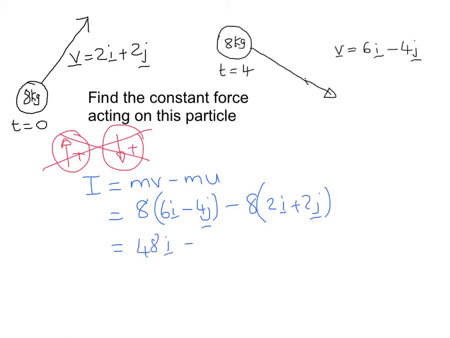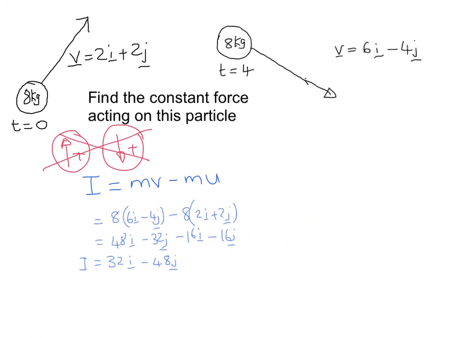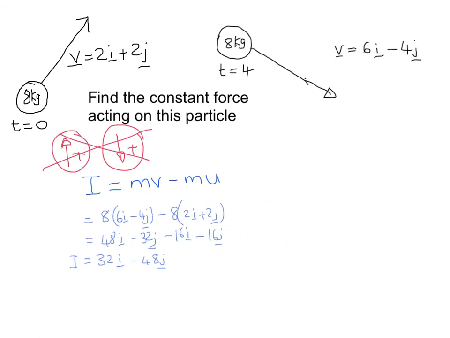So if we tidy all that up, we get 48i minus 32j minus 16i minus 16j, which gives us 48 minus 16 is 32i and minus 48j, and that's the impulse. But impulse is force times time. So if I just make myself a little bit of room here, I can take that impulse, 32i minus 48j, and use the equation that impulse is force times time.